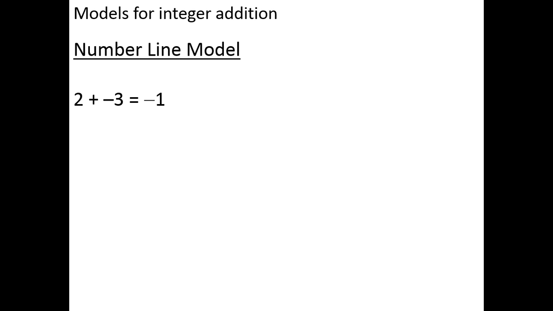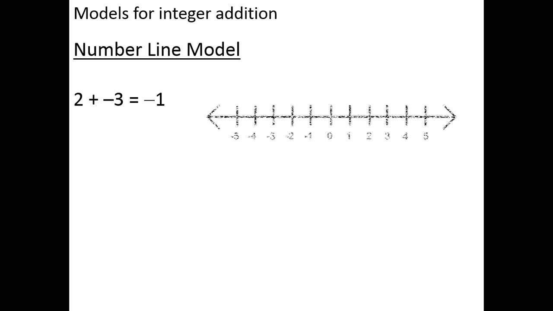Let's look at some models for integer addition. One model is a number line model. And we'll look at this particular number sentence to see what that number line model would look like. 2 plus negative 3 equals negative 1.